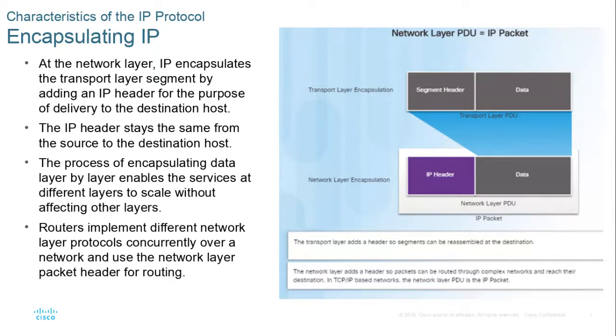When the Ethernet switch receives an Ethernet frame, it looks in its MAC address table and says, to which interface should I forward this Ethernet frame to get it closer to its destination? The difference is Ethernet switches make their forwarding decisions based upon 48-bit MAC addresses, and routers make their forwarding decisions based upon IP version 4 and IP version 6 network addresses.